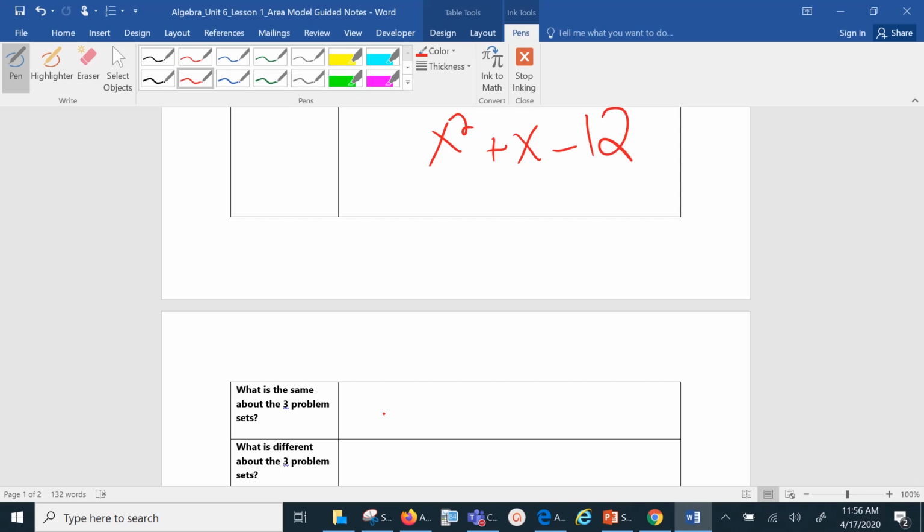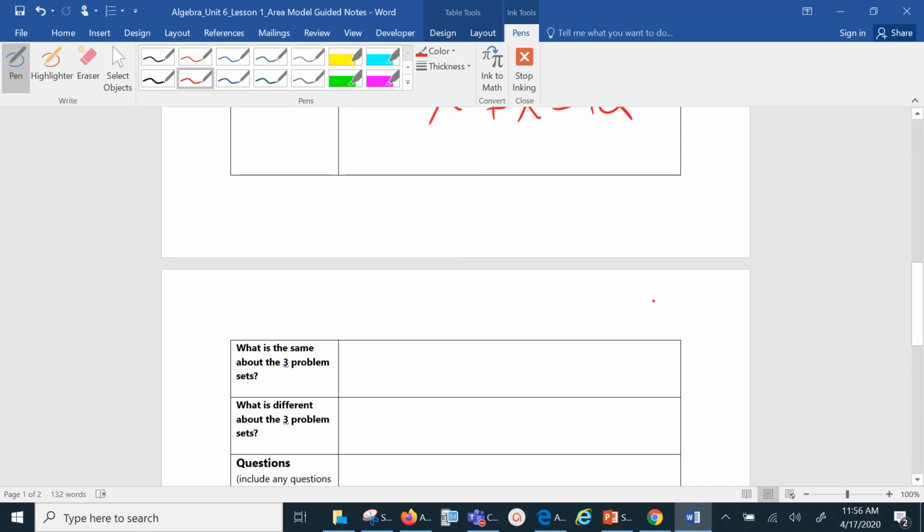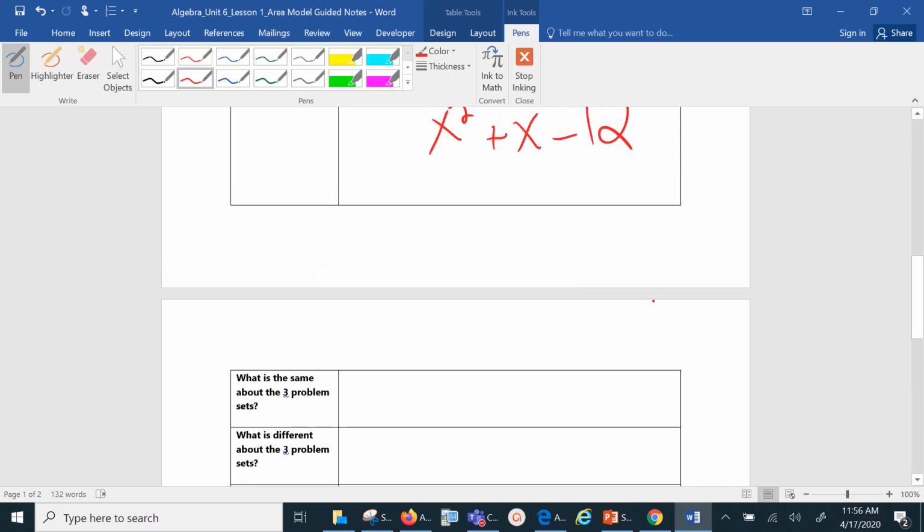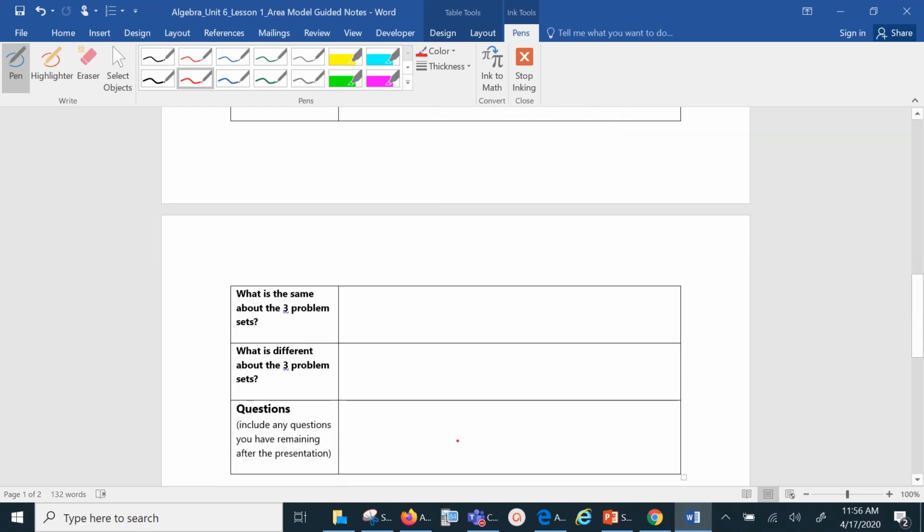We see that the last term, if the signs are the same, it's going to be positive. If they're different, it's going to be negative. But the number is the same. So this is kind of a thinking question: what is the same? What structures do you see? Okay. And the final thing is, if you have any questions, just let me know.